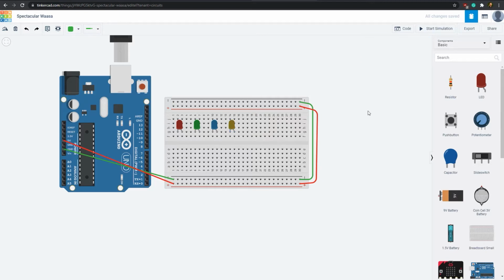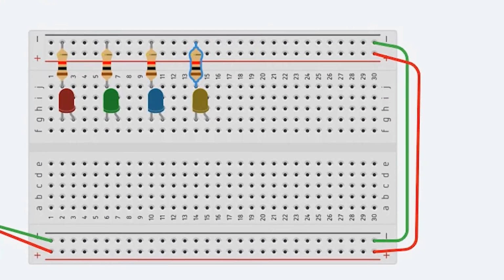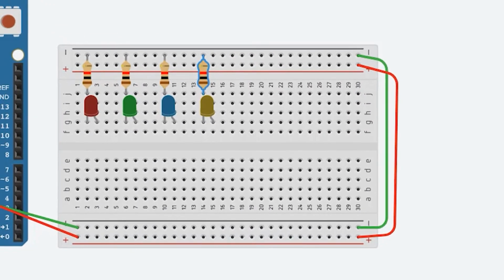And we know that all LEDs need a current limiting resistor. So let's put those on next. So I'm going to put one on each of these, connected to their cathode, and then to ground. And they're all set by default to 1 kilo ohm.